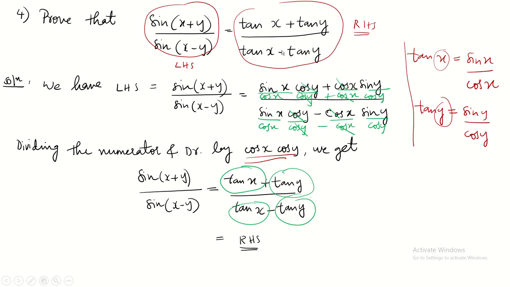So this is what you have to get in your RHS. Hope it is clear how you have divided this, because from sine you have to get the term as tan. So from sine, if you divide by cos, then only you'll get the term as tan x or tan y.